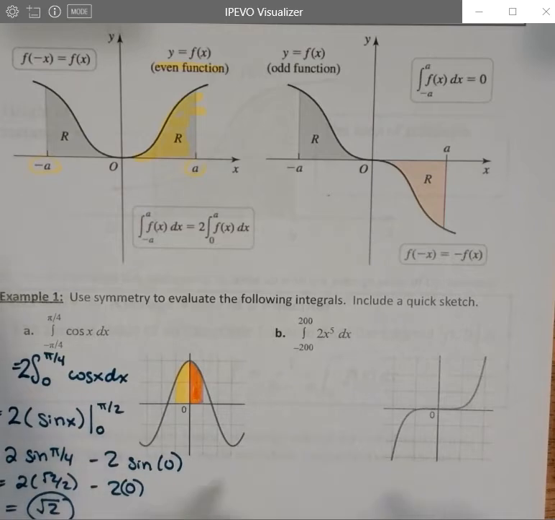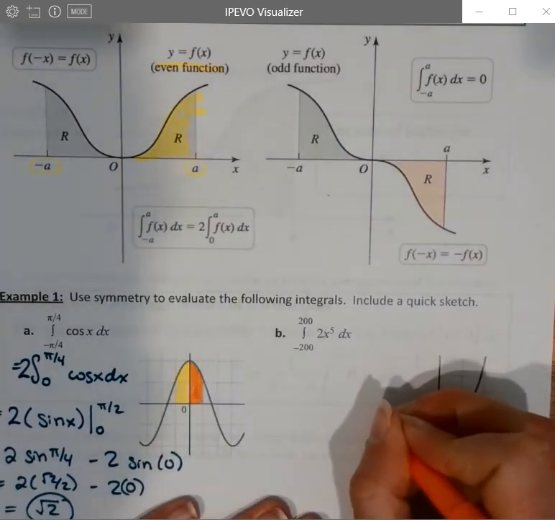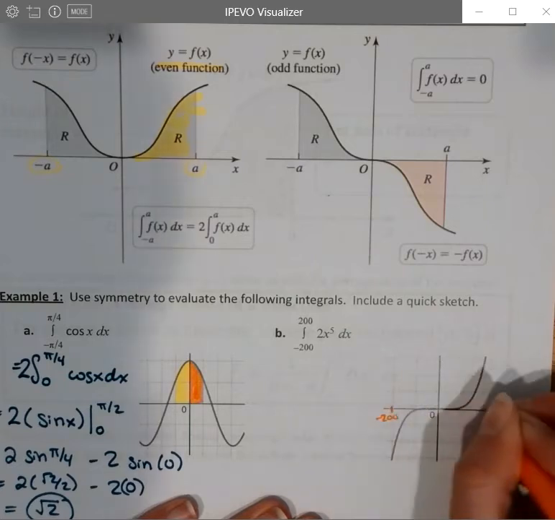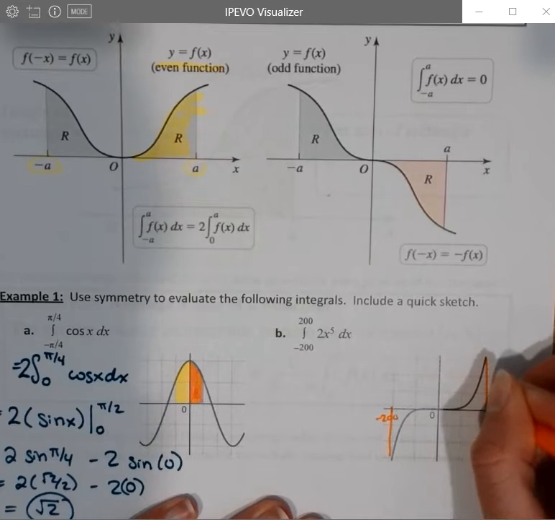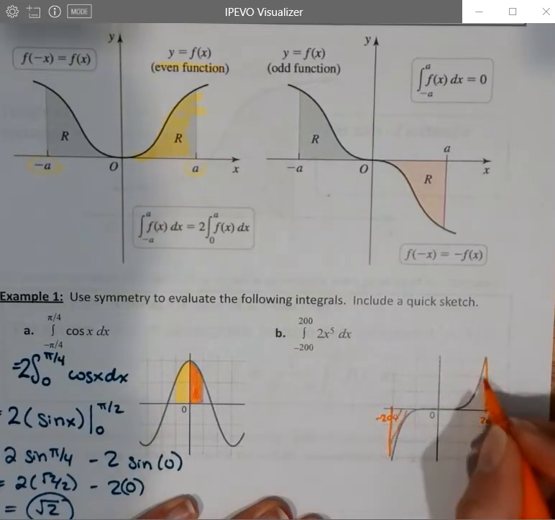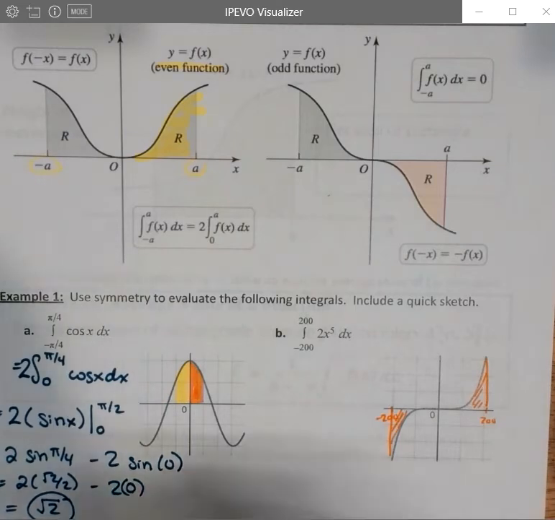If I look at the next one, because this one is odd, if I want to integrate from negative 200 to 200, now I'm not exactly sure what negative 200 is on the scale. Let's say these are going by hundreds, for example. Then this would be negative 200, and this would be 200. It sounds reasonable. And so the two areas are going to be crossing each other out because they're the same, but one's positive and one's negative.